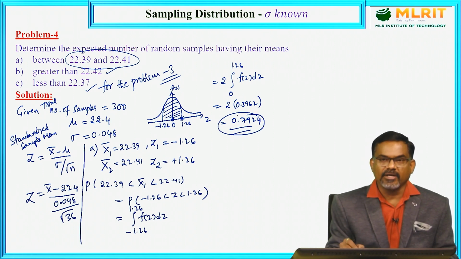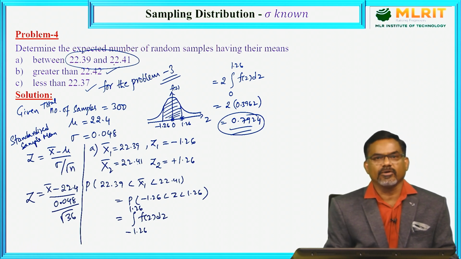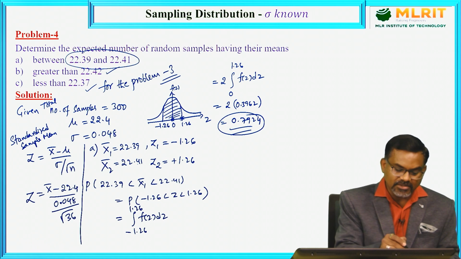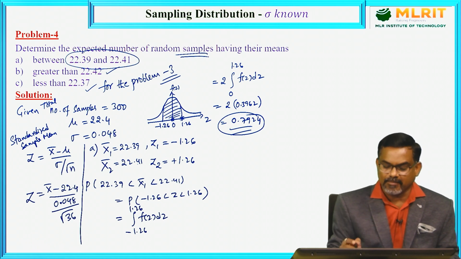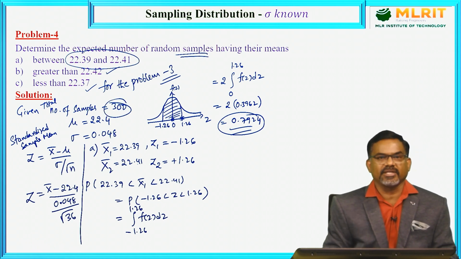But what is this value? The probability of a sample mean lying between 22.39 and 22.41. But the question is to find the expected number of random samples. So, we have the total number of samples as 300.